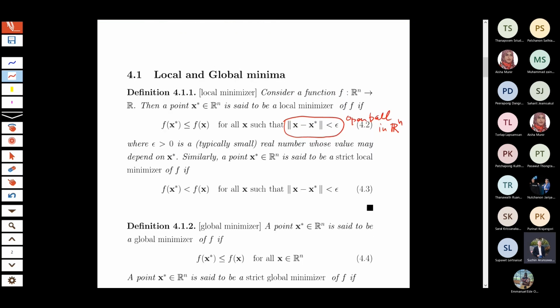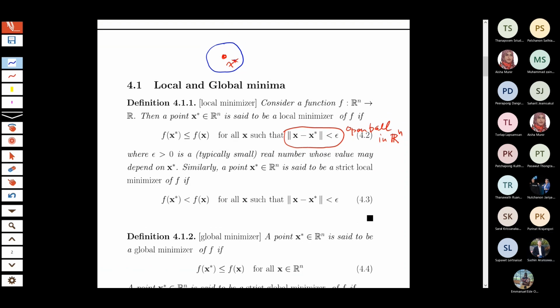This is the norm. If this is the point x*, and we use the two norm, then you see that it's clear. This is an open ball, a circular ball in the R^n space, with radius epsilon.